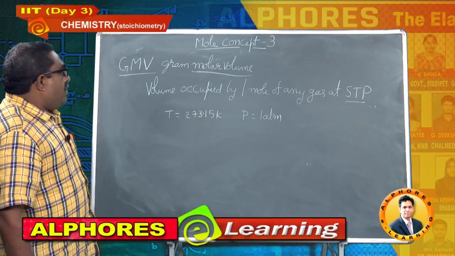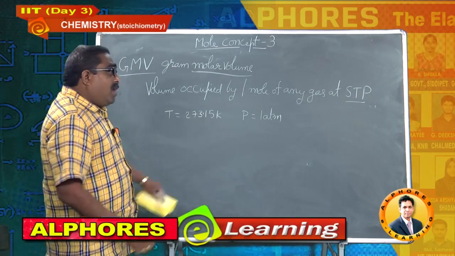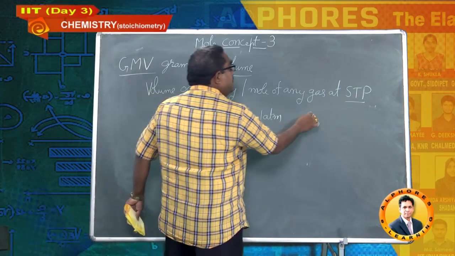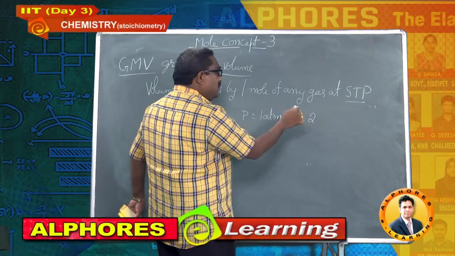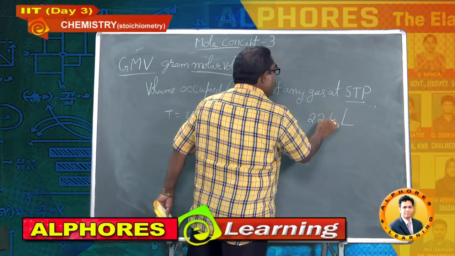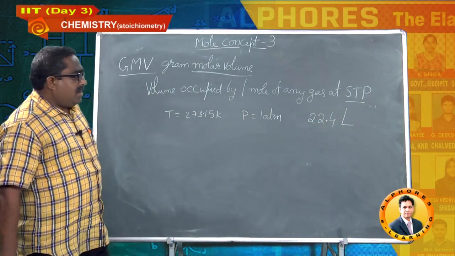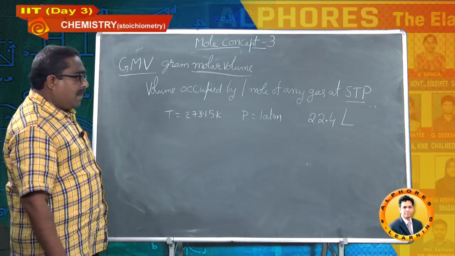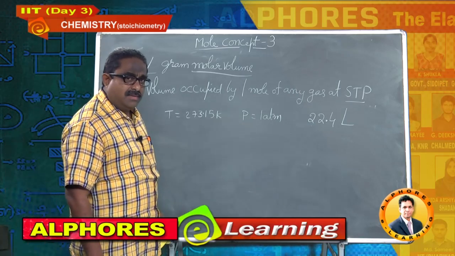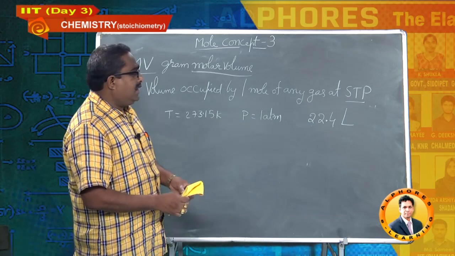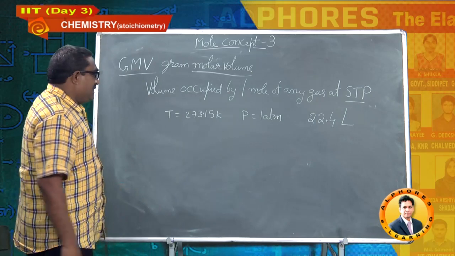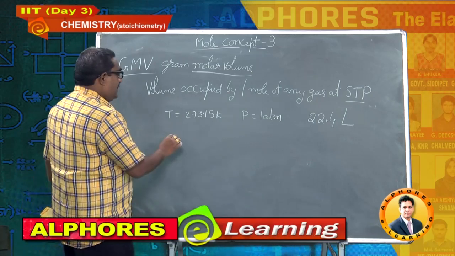Then the volume occupied by 1 mole of any gas at these conditions is constant according to IUPAC, that is 22.4 liters. But in recent days, this pressure has changed to bar, another unit of pressure, and the value has also changed a little bit. That also I will give the students as data.